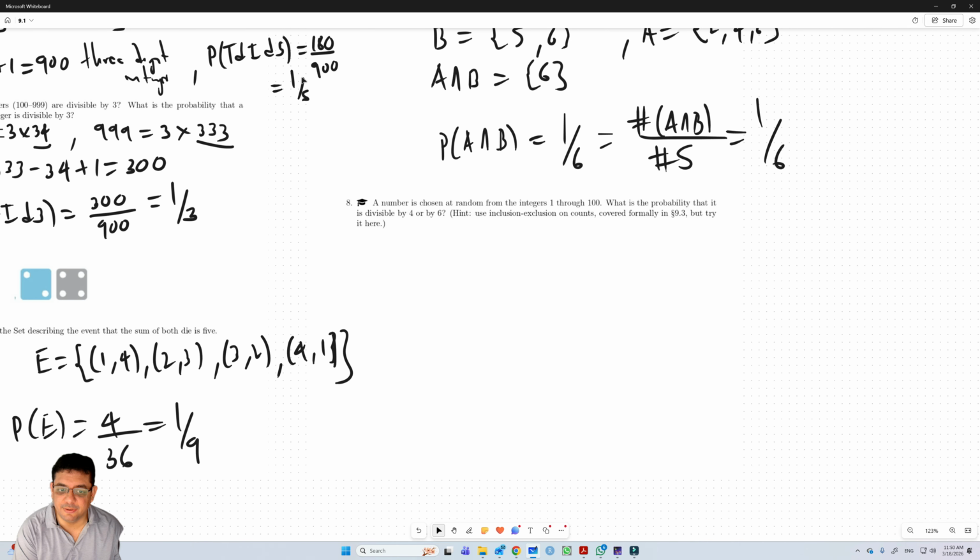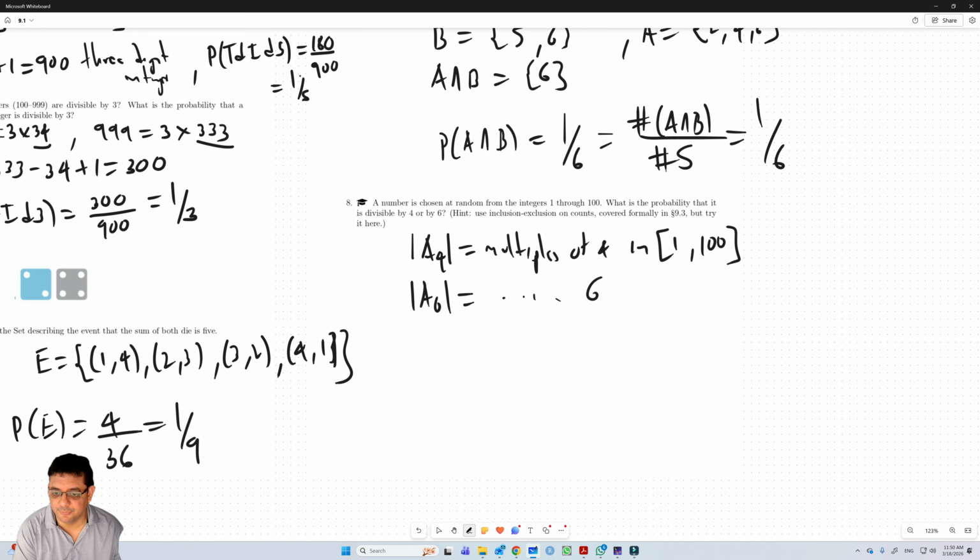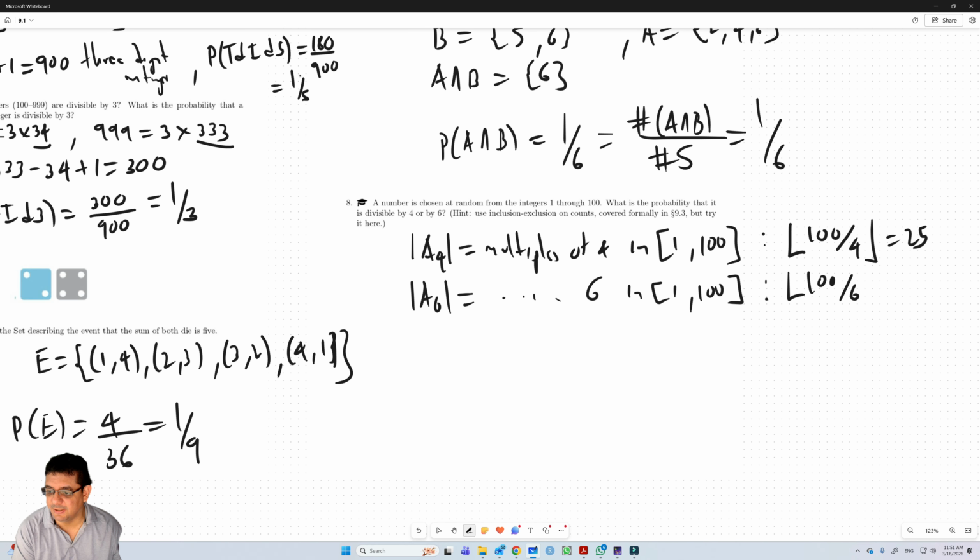So we want to count the set A4 of the numbers that are multiples of 4 in 1 to 100, and we're going to use the same notation for A6, multiples of 6 in 1 to 100. This is the floor of 100 divided by 4, which is going to be 25.